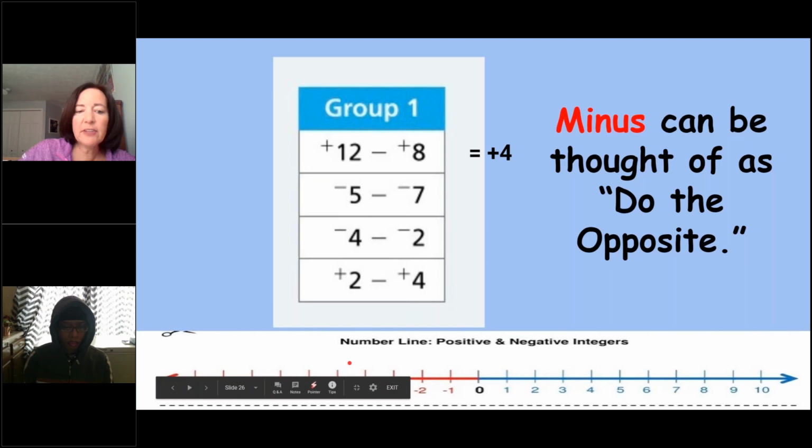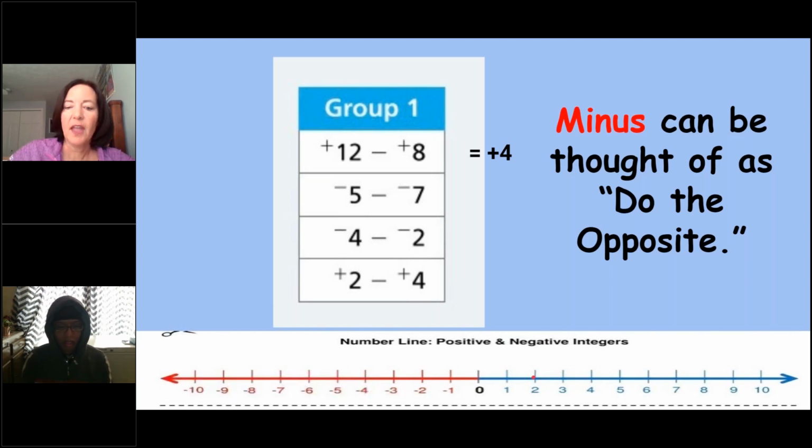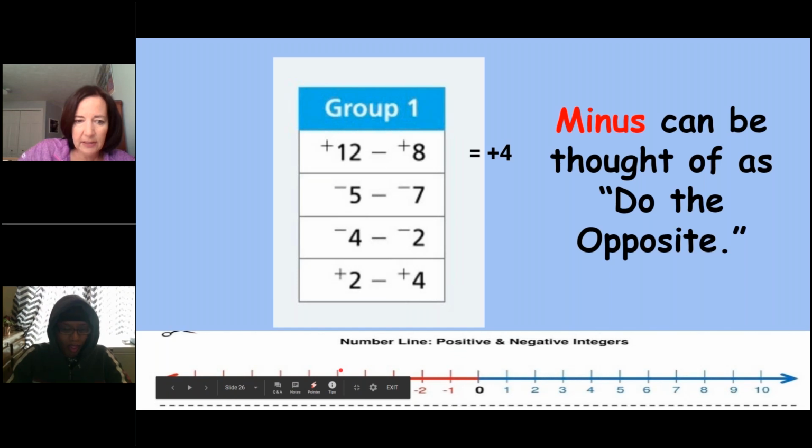So I'm going to go 7 jumps to the right. I can't see because that thing is blocking. Okay, here is -5, and I'm doing 7 jumps. So 1, 2, 3, 4, 5, 6, 7. Where did I end up, Lana?